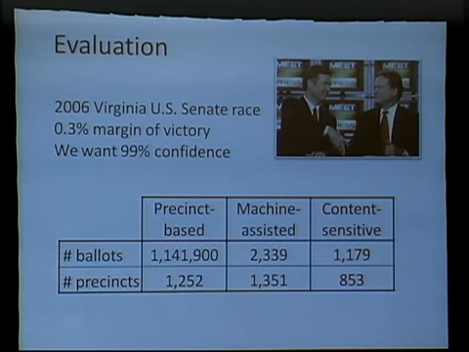In order to get 99% confidence with the method that's actually used in Virginia, precinct-based auditing, people would need to hand count more than 1 million ballots. Using our techniques in their most developed form with content-sensitive ballot selection, we'd need to recount by hand just a little bit more than 1,000 ballots. The rest of the work would be done by machines.